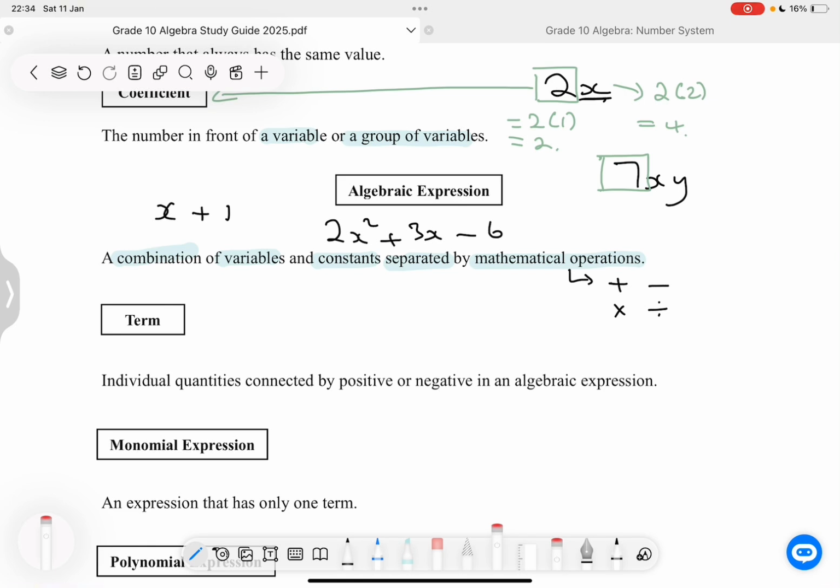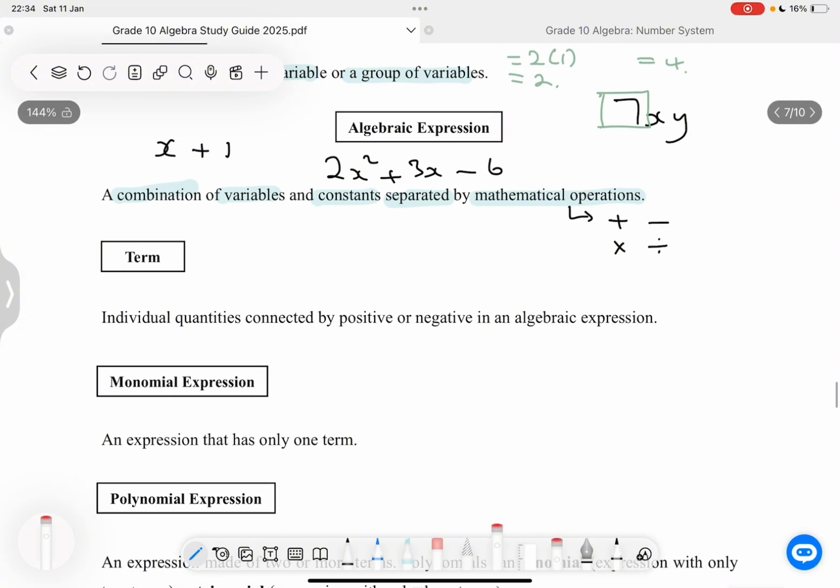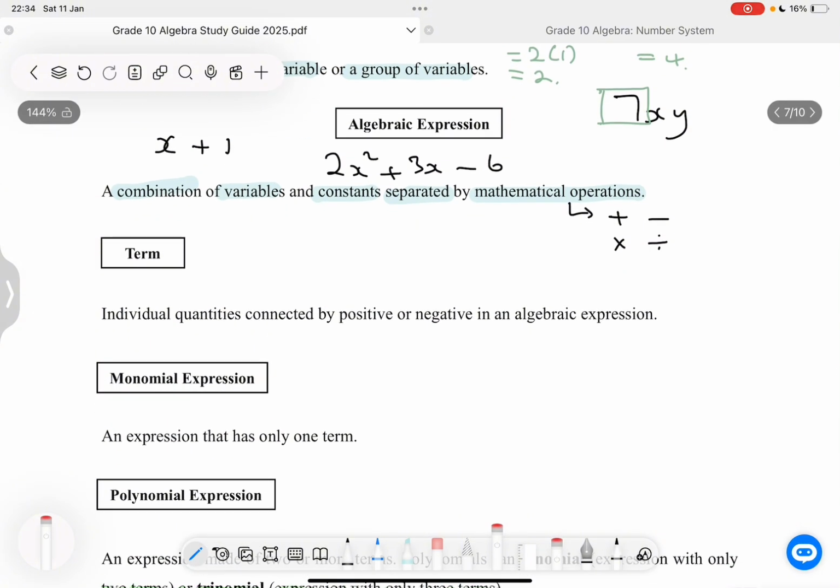The other concept that we need to understand is called a term. A term is an individual quantity connected by a positive or negative in an algebraic expression. So if we have an algebraic expression like this one here, the part that is separated by a plus or a negative is called a term.